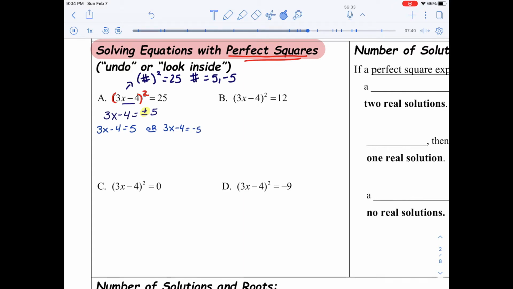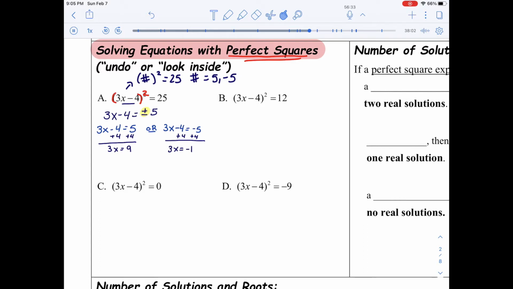And from here, I'm simply solving a two-step linear equation. Add 4 to both the left and the right to eliminate the minus 4. So we have 3x equals 9, or 3x equals negative 1.